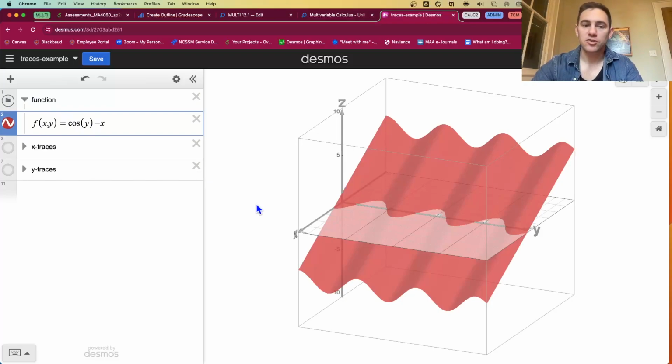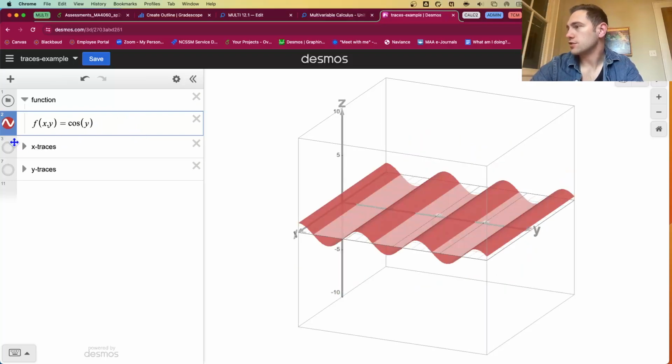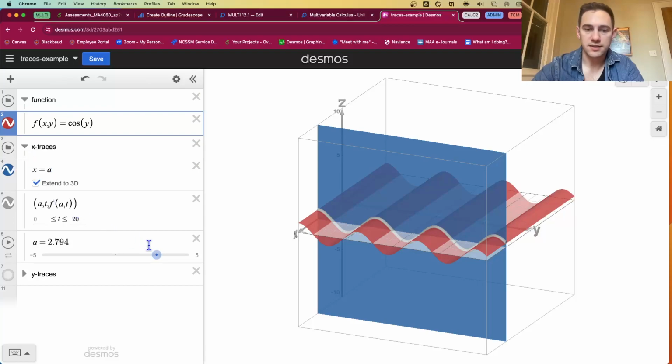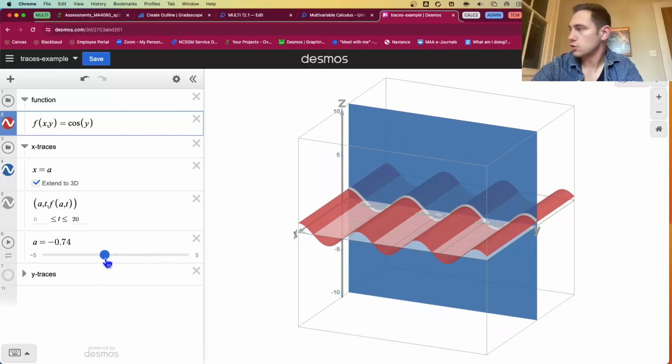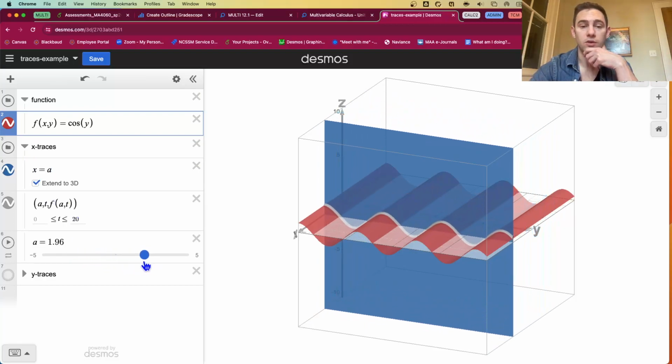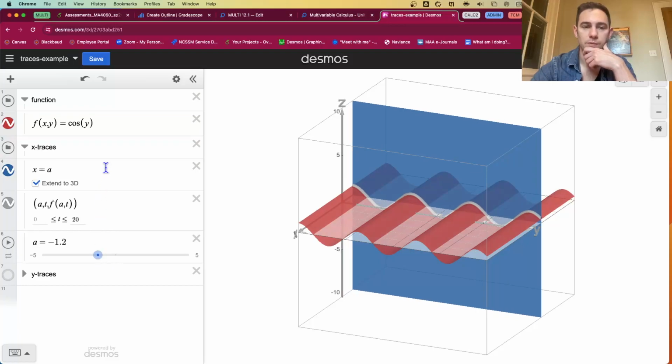Okay. So this is the graph of cosine of y minus x. You can see it looks like the same graph from before, but now sort of raked downward. Whereas when I didn't have the minus x, I just had this graph of cosine of y. And if I were to intersect it with the plane x equals a, some constant plane, I just see a bunch of cosine graphs, all the same cosine graph oscillating between 1 and minus 1.